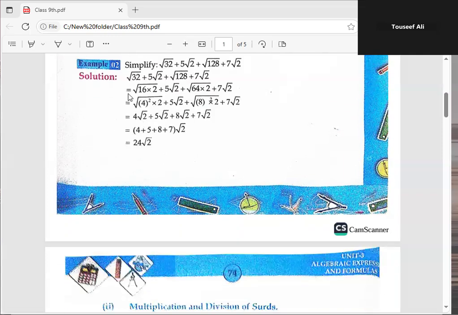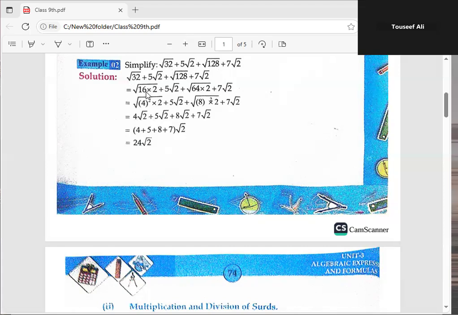The next example is root 32 plus 5 root 2 plus root 128 plus 7 root 2. In this expression, 5 root 2 and 7 root 2 are already in simplified form, but root 32 and root 128 are not in simplified form. First we will find the prime factorization of root 32 and root 128.